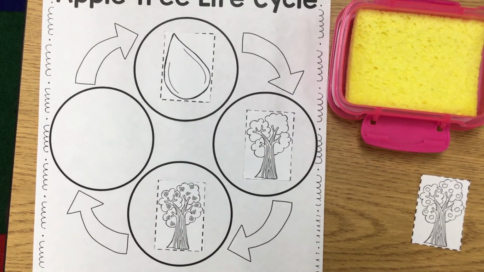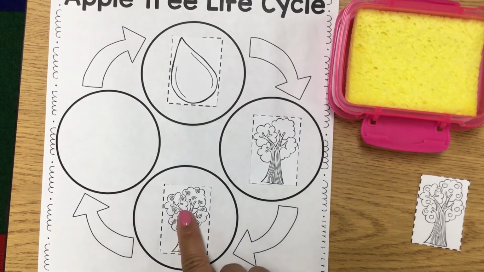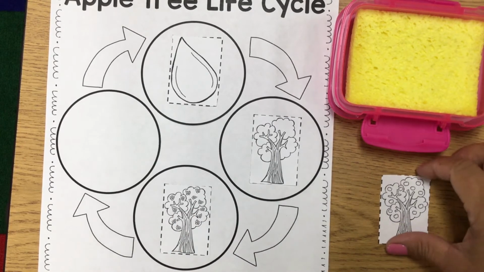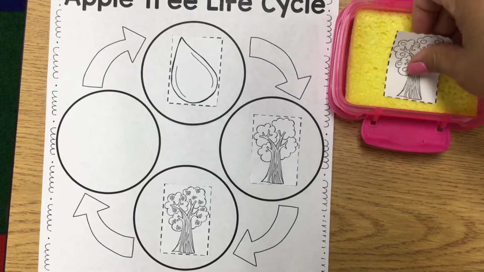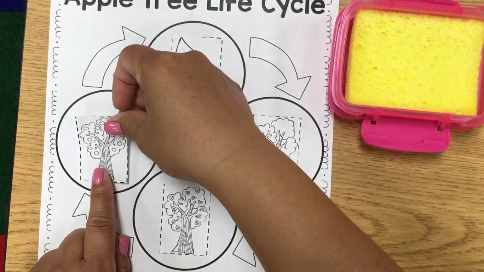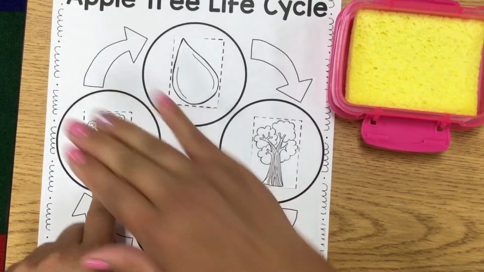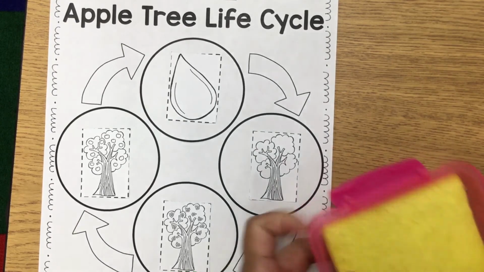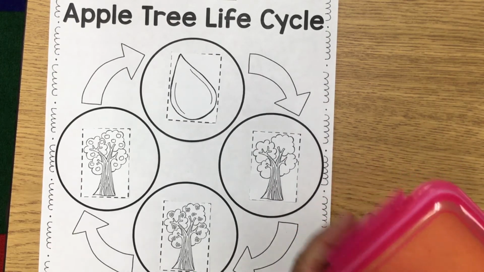And then we have one picture left. And after the blossoms, you get apples. Very good. All right. Don't forget to close your glue containers when you are finished so it doesn't dry out.